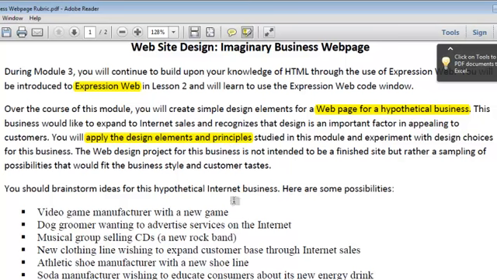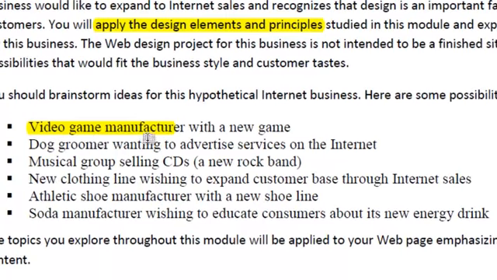You can come up with a web page about a video game manufacturer, if you want, dog grooming, a musical group selling CDs, a new clothing line, athletic shoe company, a soda manufacturer, whatever you want. You're just going to build a website or web page for a product.